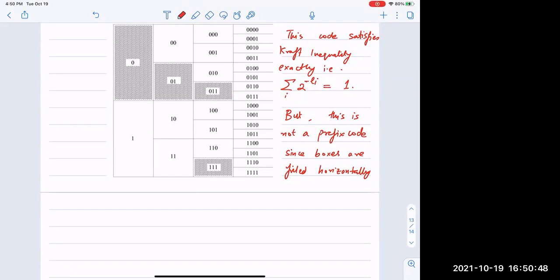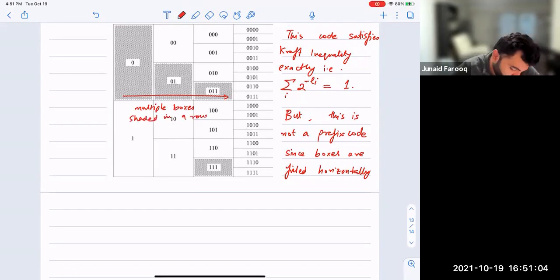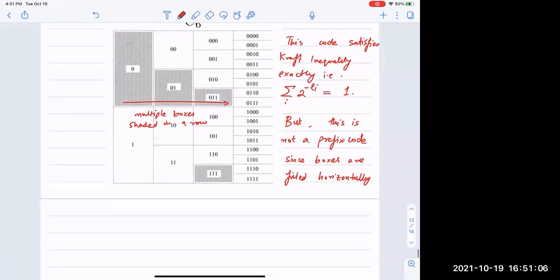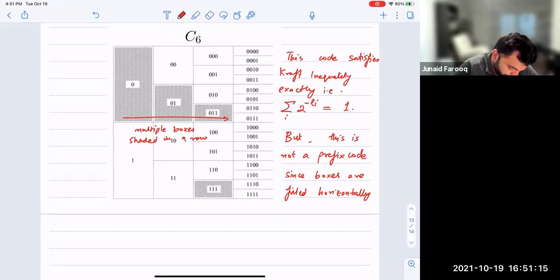When you say the box 01 can be mapped into 10, what do you mean by that? Yeah, actually, I was trying to figure out what is the sum of 2 to the power minus li.